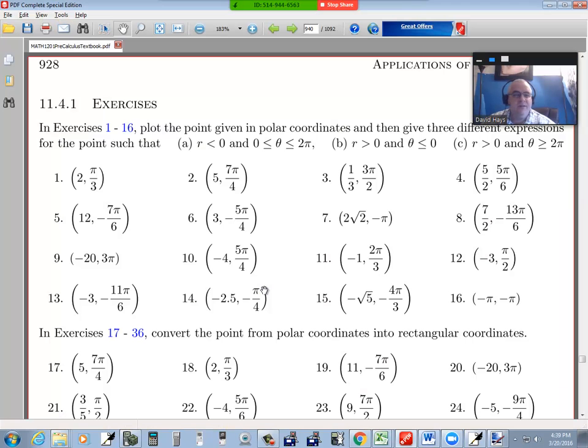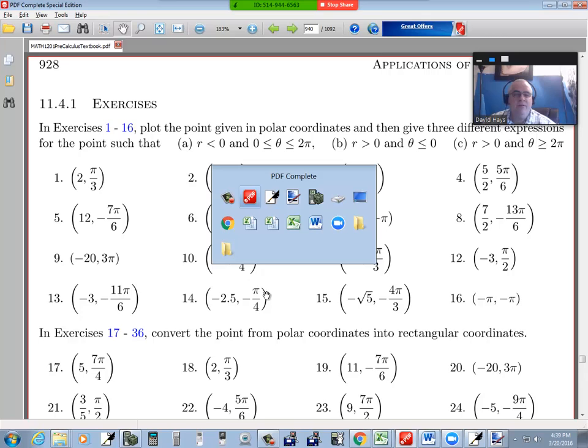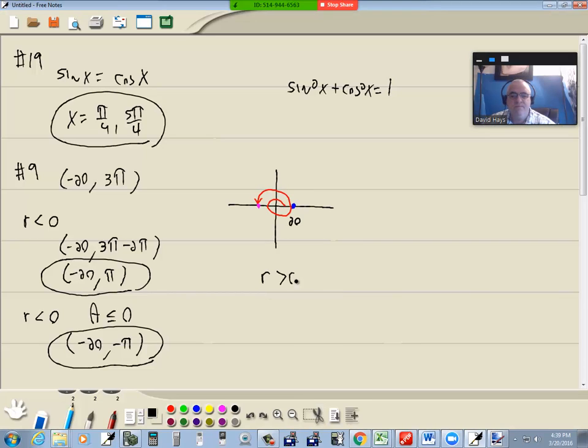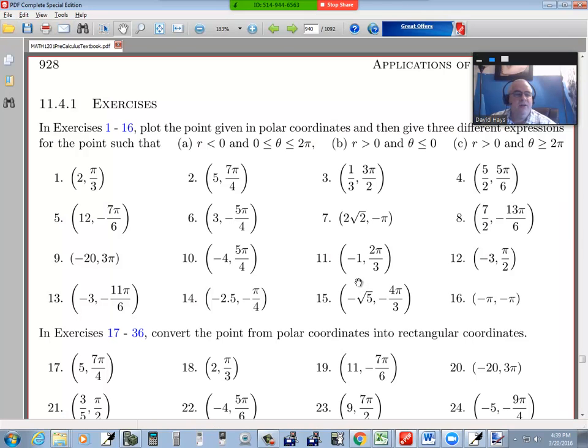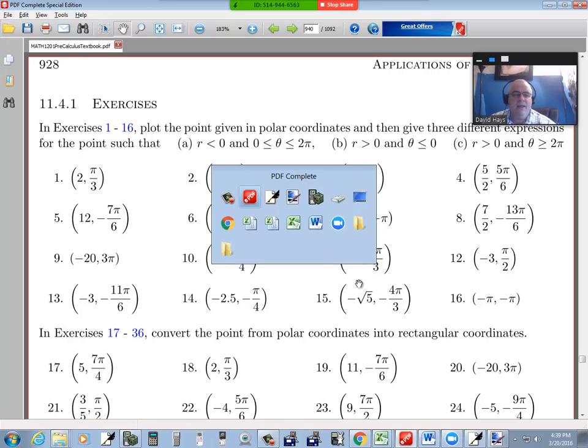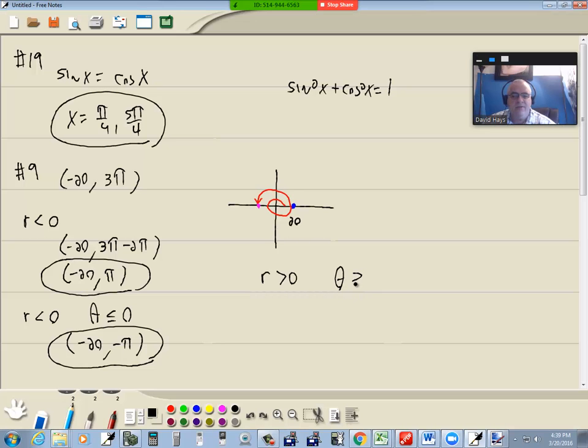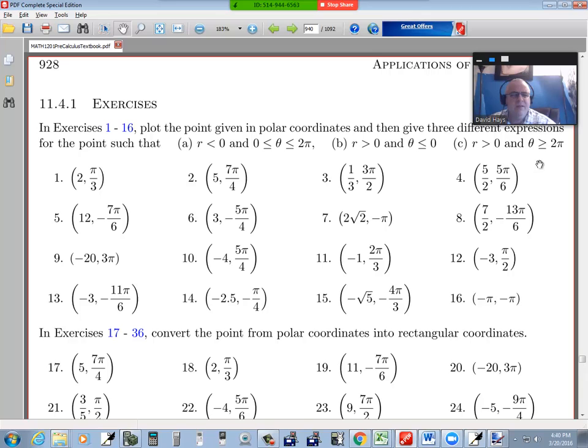And then our last one. R is greater than 0, and theta is greater than or equal to 2 pi. Well, if I started here, that's pi, this is 2 pi, greater than or equal to, yeah.